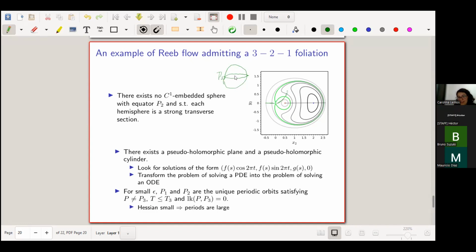And you know that if you have something like this, it will enter this region here. But here the homology is generated by this P2, and it has to exit here. And the problem is that the invariant manifolds have lambda area 0. And since you are assuming that this guy is a strong transverse section, it has positive lambda area.